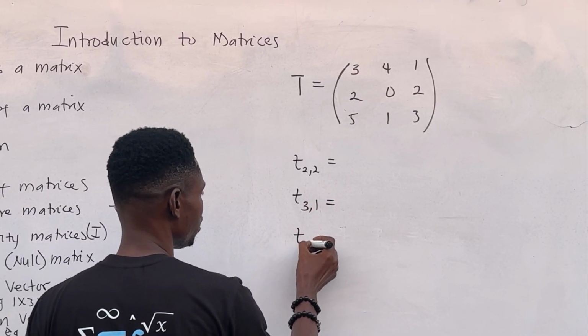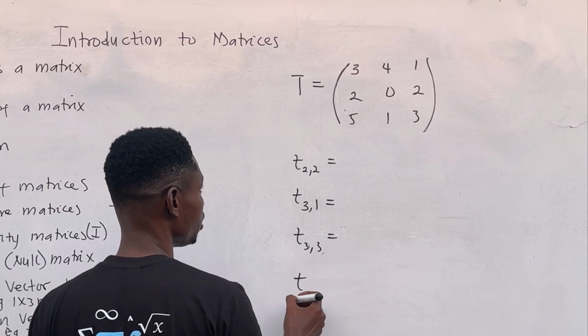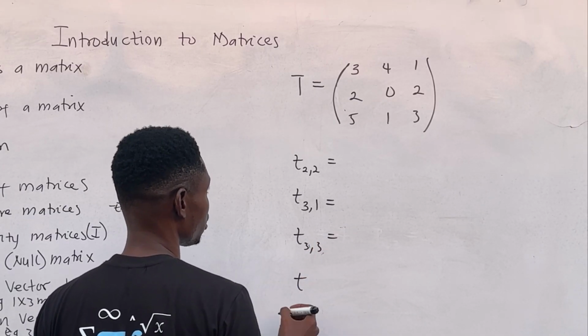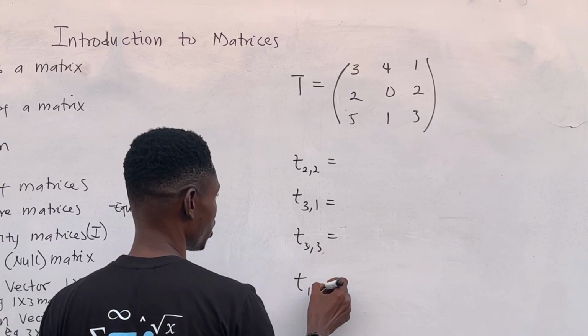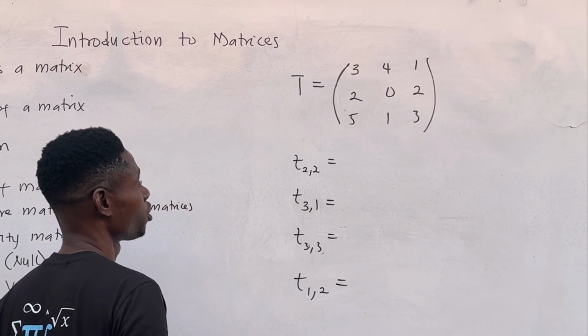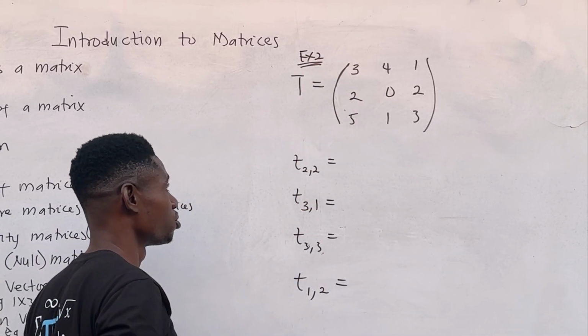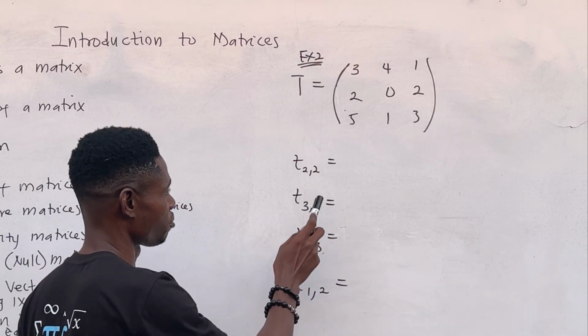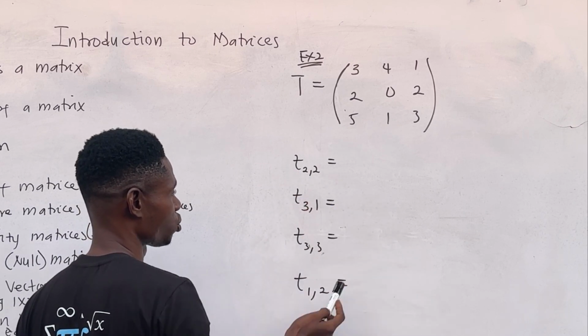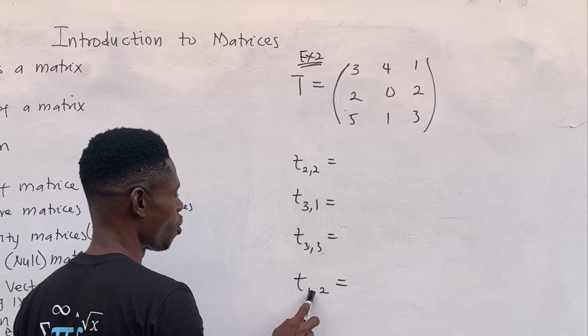What is T3,3? What is T1,2? Let's call this exercise 2. Give me the values of T2,2, T3,1, T3,3, and T1,2.